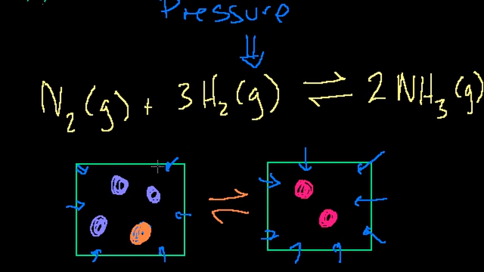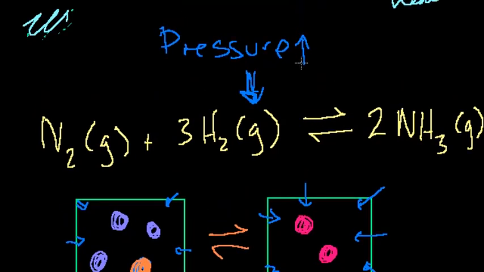I'm doing this very hand wavy, but I think it gives you the intuition. So if pressure goes up, it means pressure is being applied to the system. What side of the reaction is going to be favored? The reaction is going to be favoring the side that has fewer molecules. And this side has 2 molecules.